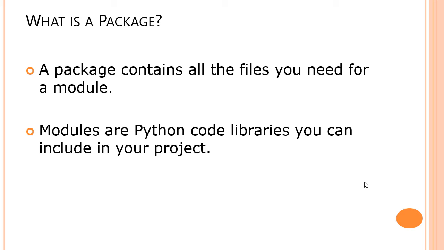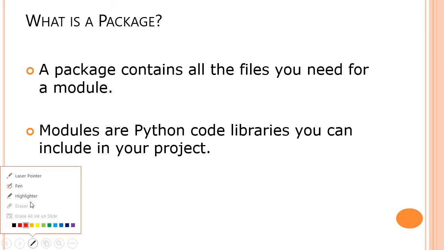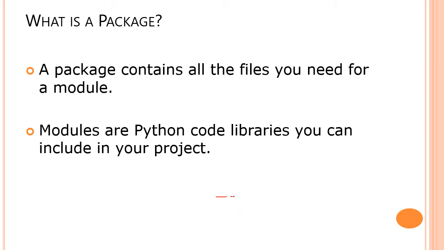A directory must contain a file named __init__.py. That's a rule that you should keep in mind. Underscore underscore init underscore underscore dot py. We are going to go much deeper into all of these when we talk about modules and packages, particularly when we are going to create our own modules.